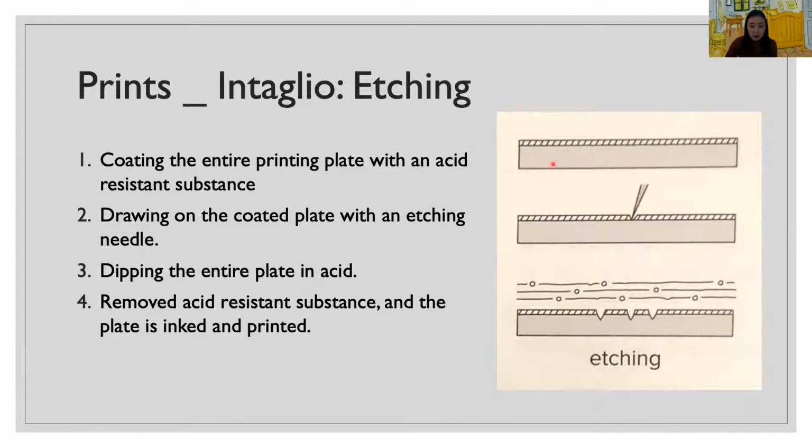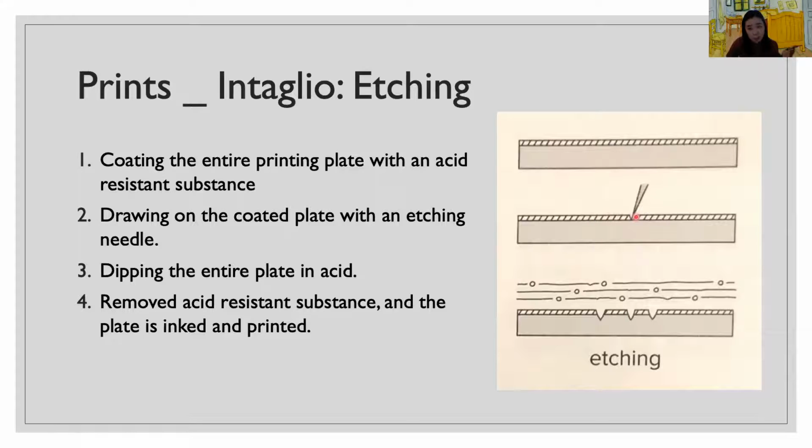So the artist coats the entire printing plate with an acid-resistant substance called ground. So this is the ground. It is coated on the top of the plate. And then the artist draws on the coated plate with an etching needle.